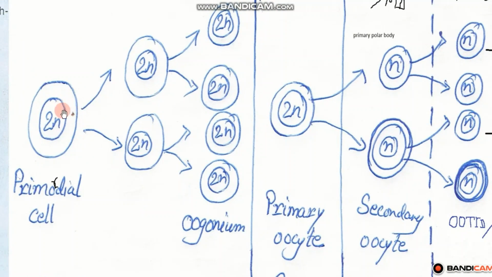Whenever this primordial cell, this germinal epithelial cell, forms four cells, these are known as oogonium. It is known as oogonium because oo means egg, so this is the primary egg, that's why it is known as oogonium. This oogonium is now formed, so it is a daughter cell.